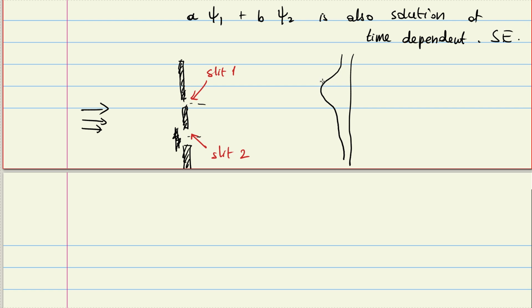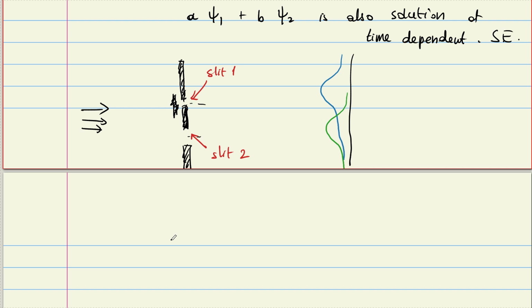If I close this slit, I have this one. Let me make this blue. And if I close the first one instead of the second one, I'm going to have something like that, maybe in the second location. Let me make this green.